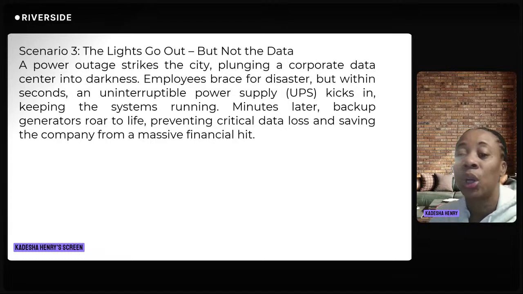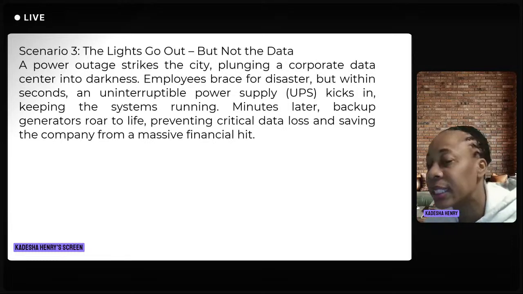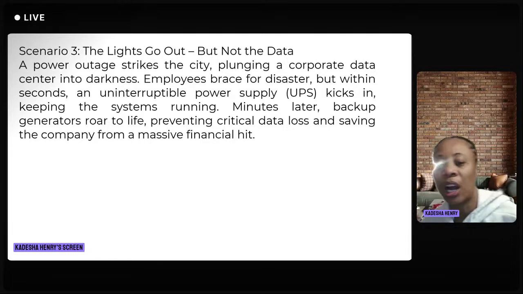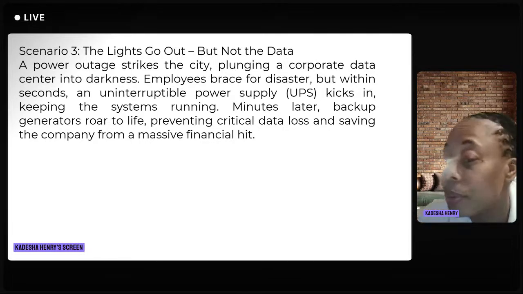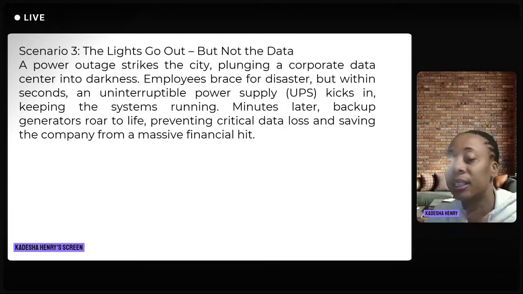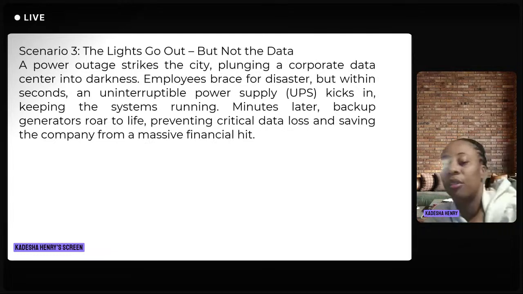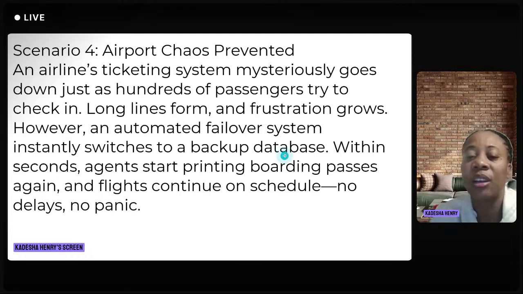So this corporation was spared because they have a UPS at the location that kicks on, or it could be simply the cloud providers that have the system, so if they have an outage, you don't even know. You work in your business and don't know what's going on.